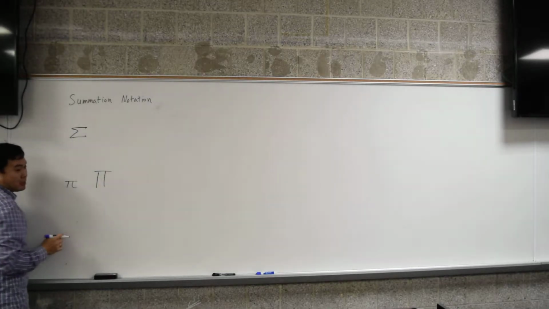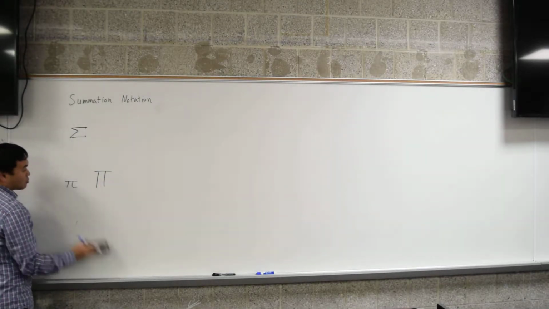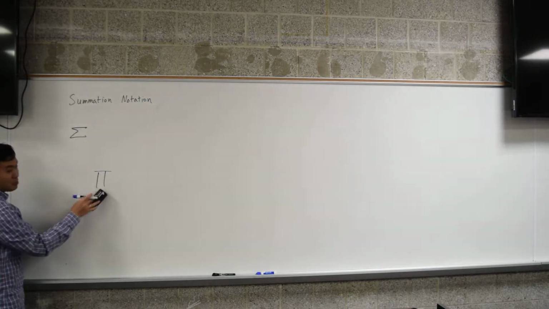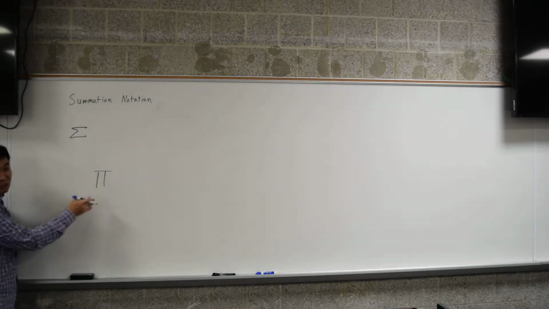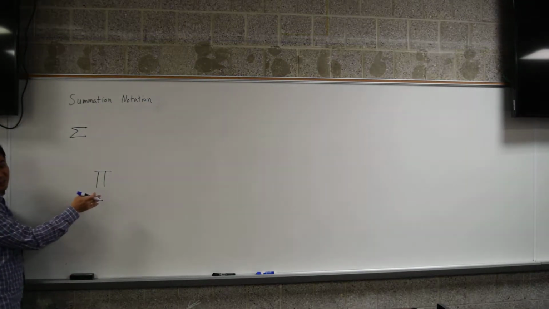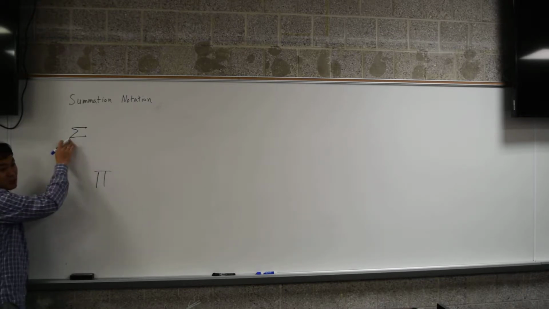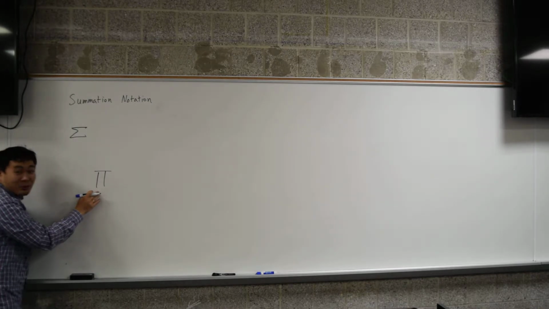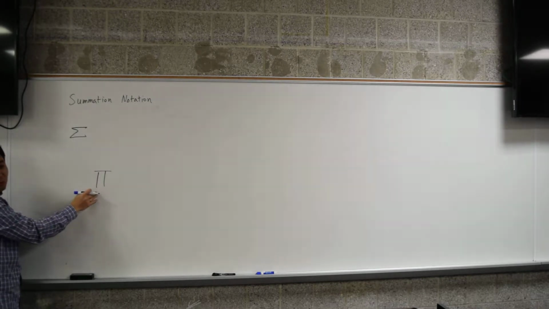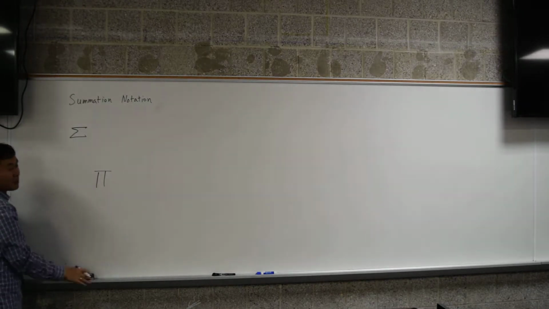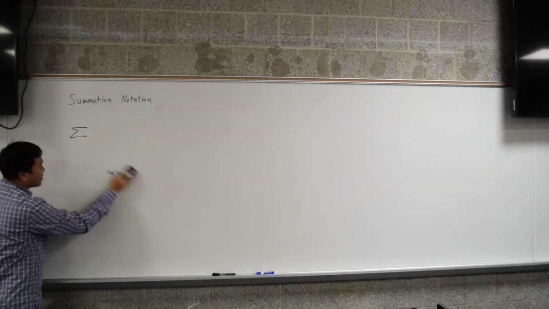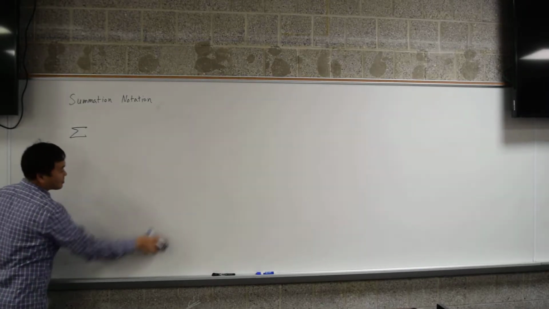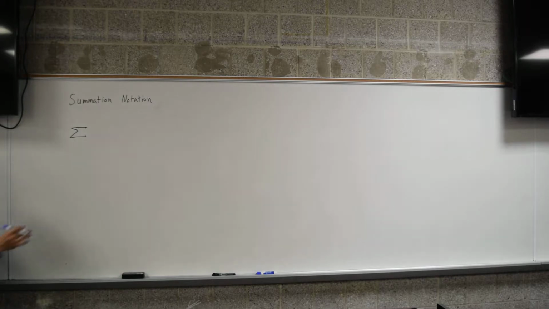It's the capital P. And guess what mathematicians use this symbol for? This one is for summation. This would be for? Product. So for products, they use this as the shorthand. Lots of unnecessary facts, but it's fun to learn.